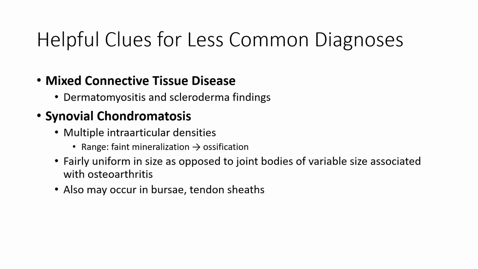Synovial chondromatosis: multiple intra-articular densities ranging from no mineralization to calcification, fairly uniform in size, as opposed to joint bodies of variable size associated with osteoarthritis. It may also occur in bursa and tendon sheath.